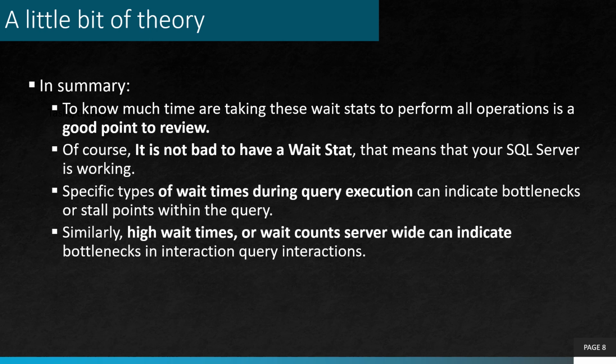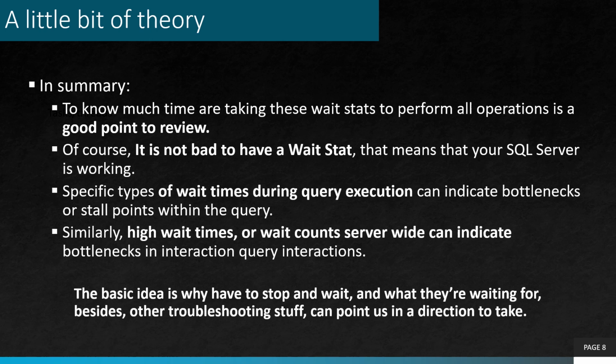But what happens if I have the wait type PAGEIOLATCH and my wait count, let's say how many operations were waiting on average, is high? It's relevant because it means that you have a huge number of operations that needed to wait to complete this scenario.